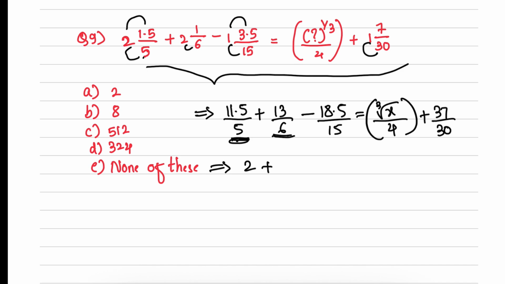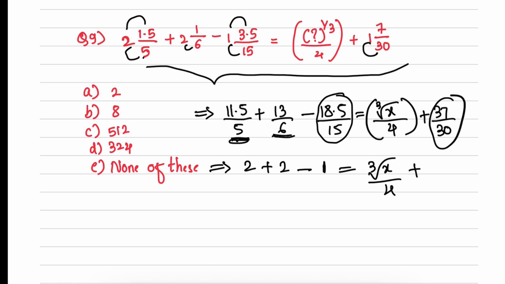This will also be 2 point something, so I will round off this to again 2, minus this 18.5 by 15. It will be 1 point something, so I will again round off this to 1, equal to cube root of x by 4 plus again see here 37 by 30, you will get 1 point something. I will round off this to 1.